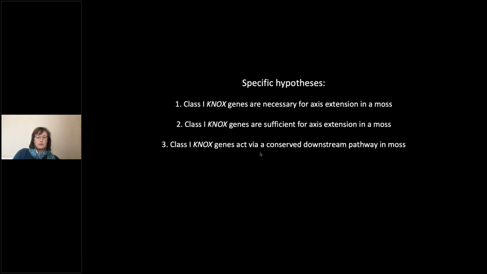The first one was that class 1 KNOX genes are necessary for axis extension in a moss. And secondly, we wanted to test that class 1 KNOX genes are sufficient for axis extension in a moss. And finally, we wanted to test the hypothesis that class 1 KNOX genes act via a conserved downstream pathway in a moss. Next slide, please.